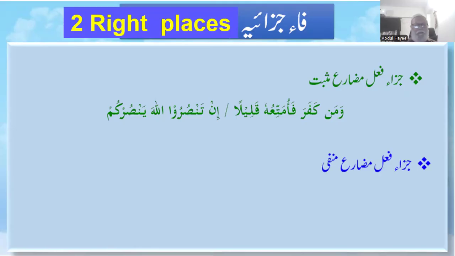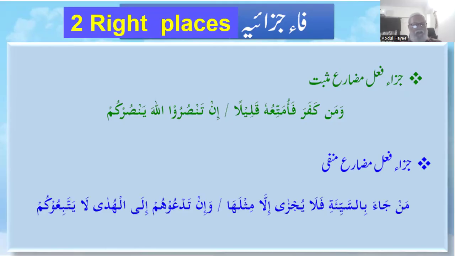The second example is the place where the fa is permitted or may not be used. Both are correct. Jaza fi'l mudari' manfi, when that conditional answer is in the mudari' negation. Just like man ja'a bis-sayyi'ati fala yujza illa mithlaha. Yujza, before it la, la is negation, fi'l mudari' is there.